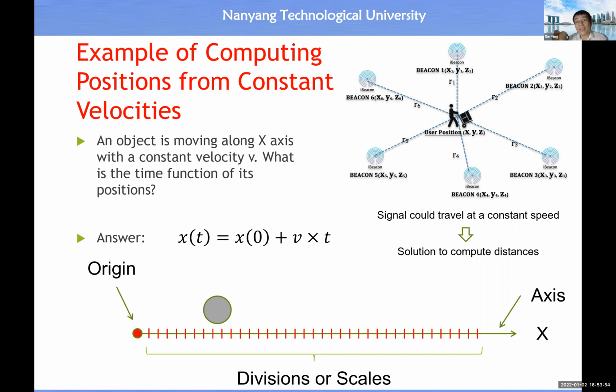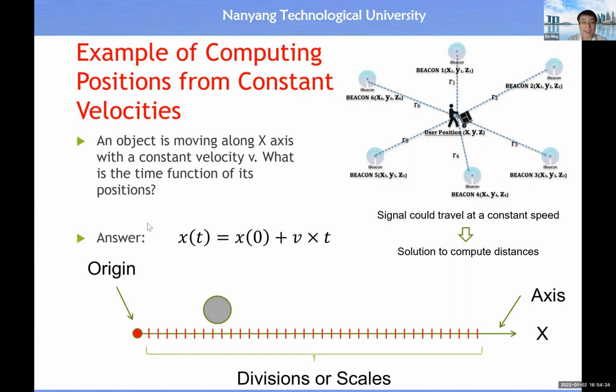Then how do we leverage this knowledge in order to calculate position information? In the first case, if an object moves along the x-axis with a constant velocity, what should be the time function for us to use to calculate its position at any point of time? The answer is what?